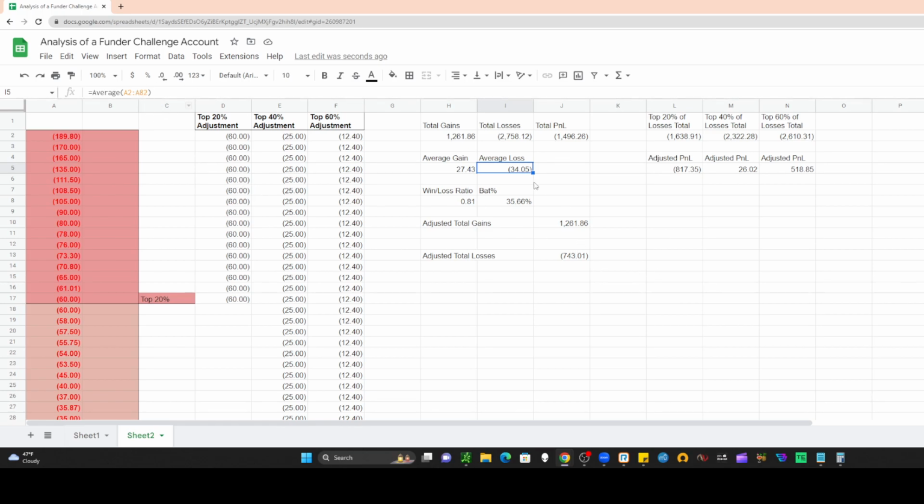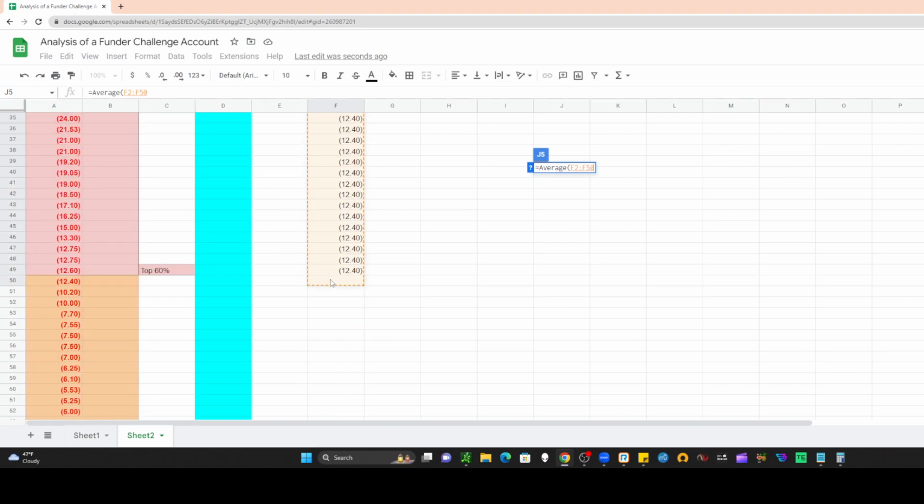So I could just say this. If I want to figure out what my average new loss would be, I'll just say adjusted average loss. Okay. And that's going to equal the average of the following of this plus, I don't know if the formula is going to let me do this, but let me find out.